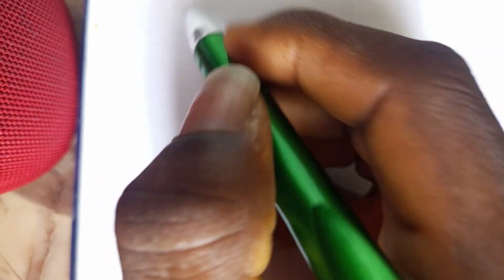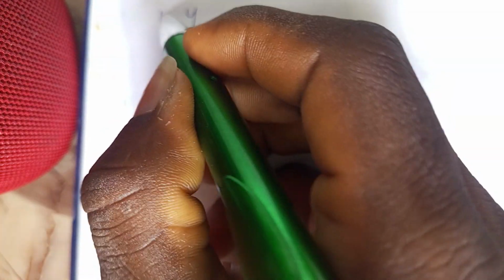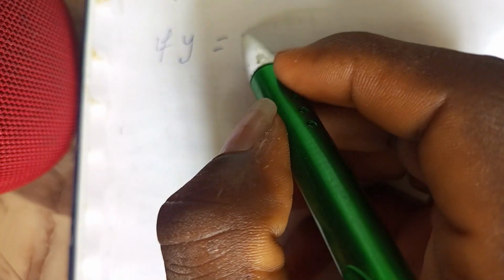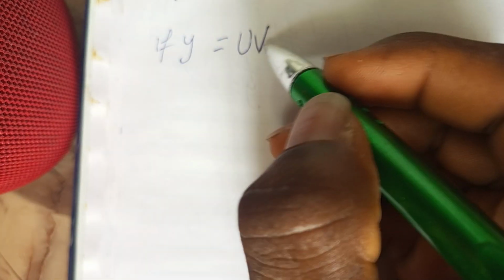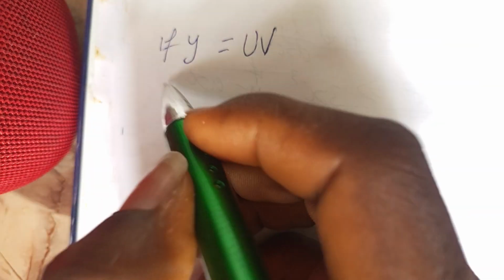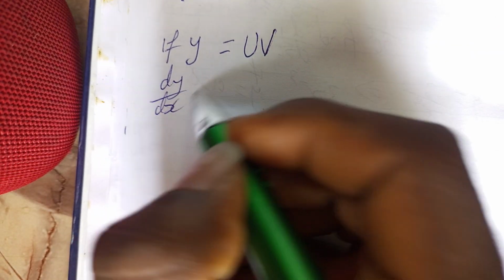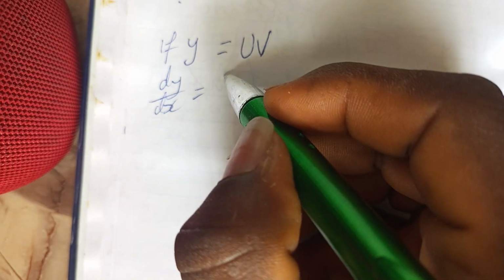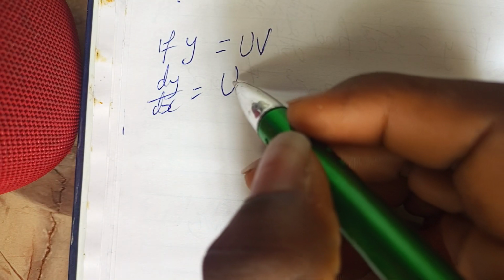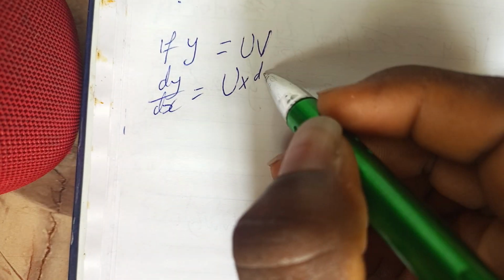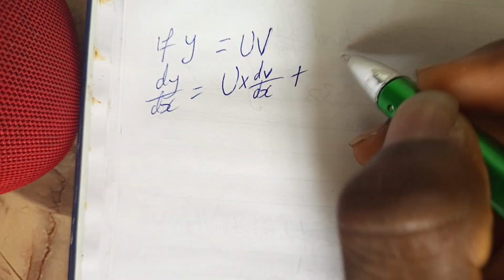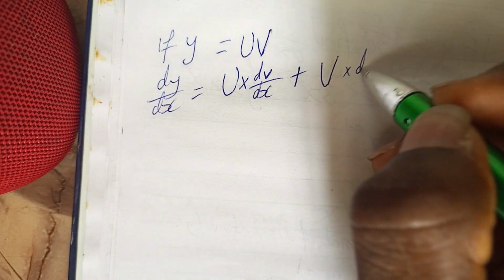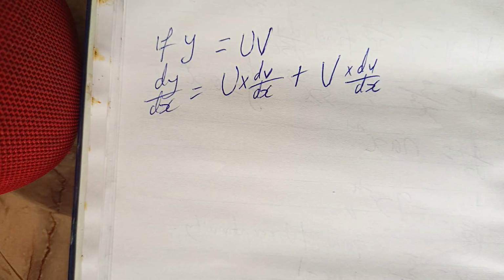The product rule simply tells us that if y is equal to uv, that is two values, u multiplying v, then dy/dx is u times dv/dx plus v times du/dx.